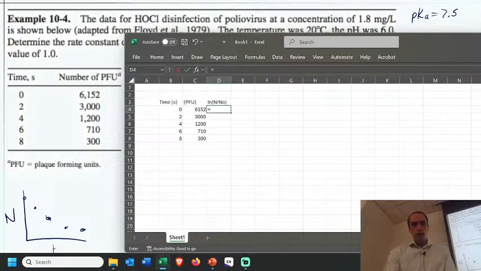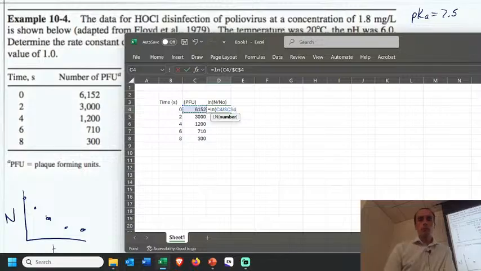So to do that, I'll take the natural log of n, whatever the current value at the current moment, divided by n naught. I'm going to put the dollar signs in, which freezes the cell. A quick way to do that, in case you're interested, is F4. You can cycle through the different dollar sign configurations by pressing F4.